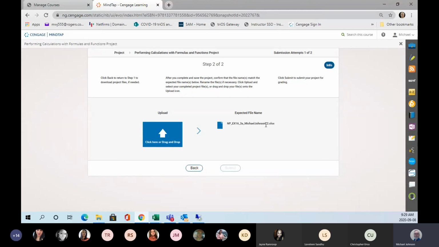All you're interested in is that it has an underscore with a 2, and that's all you need to have. But if it's actually trying to upload a file that has that extra bracket with a number, then it will not allow you to upload it, period. So just double check the file that you're trying to upload and make sure that 1 has been changed to a 2 when you saved it.